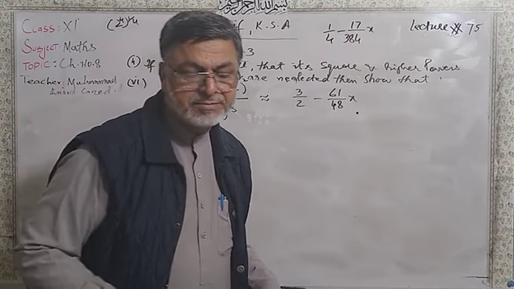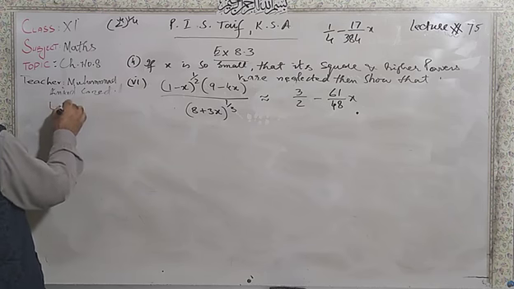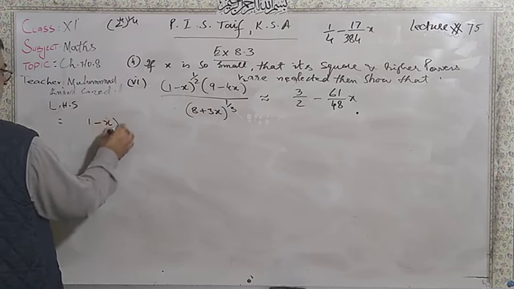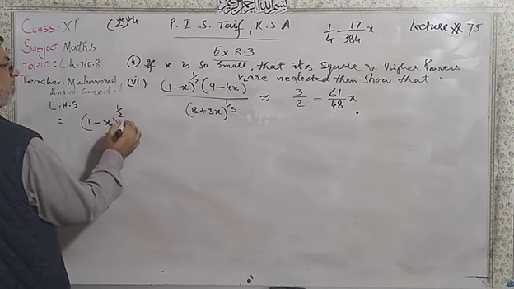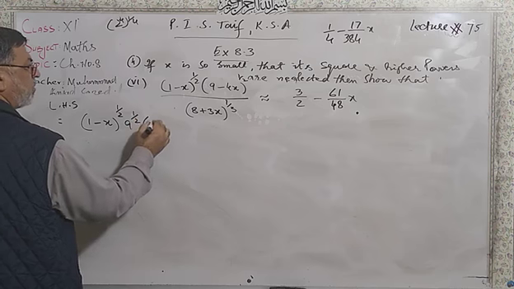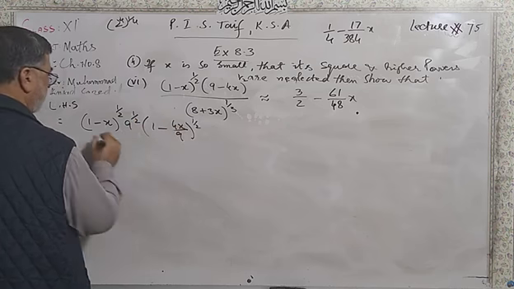After that, we can write down left hand side, 1 minus x power 1 over 2. You can take 9 common, 9 power 1 over 2, 1 minus 4x over 9 power 1 over 2.